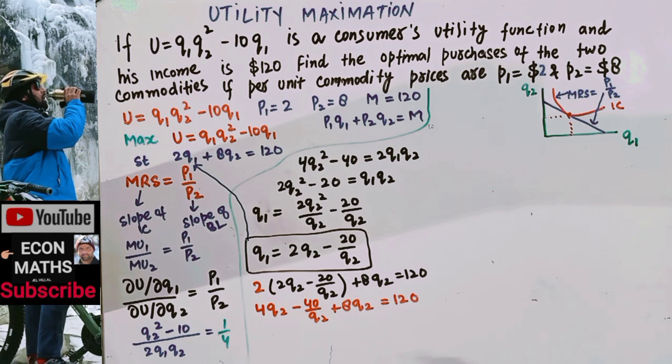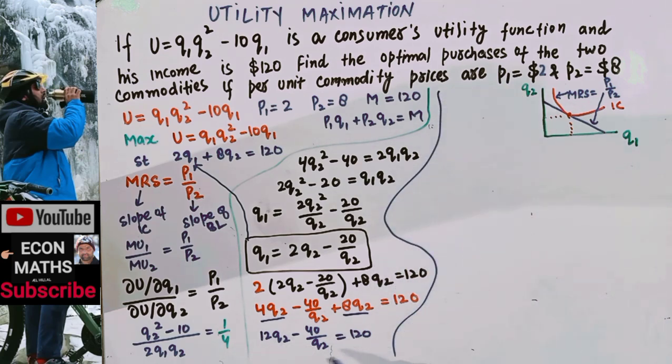Okay, so we can do one thing here again. These are the same terms, we can add them up. So 4 and 8 will give 12 q2 minus 40 divided by q2 is equal to 120.